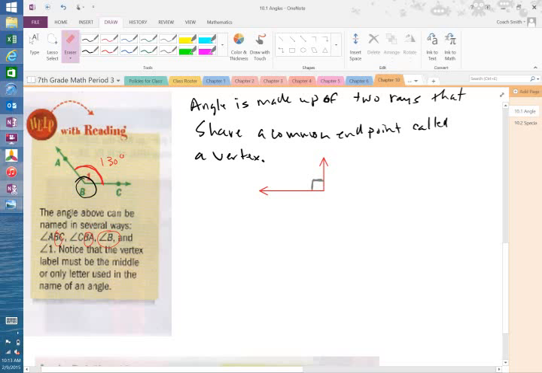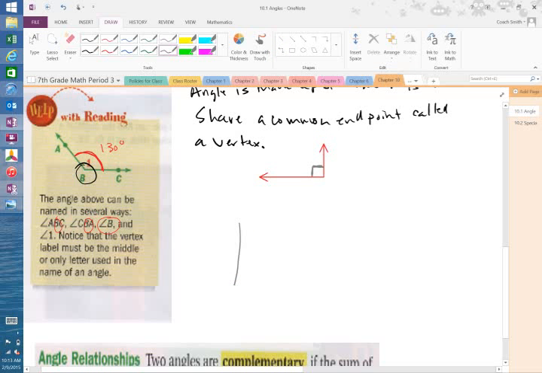So anything to the left side would be obtuse. Anything to the right side would be acute.